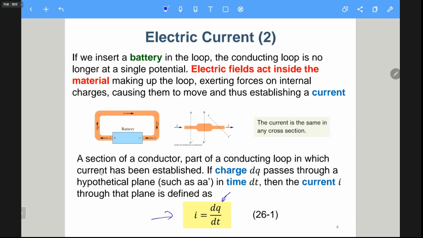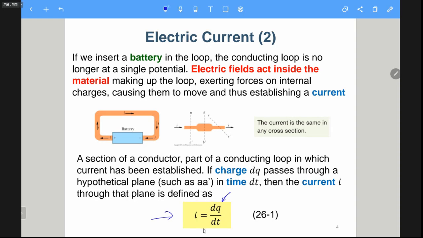So here is a section of conductor, part of a conducting loop in which current has been established. If charge dq passes through a hypothetical plane, which means imaginary, which doesn't practically exist, just formed by imagination, such as AA prime, in time dt, then the current I through that plane is defined as this.